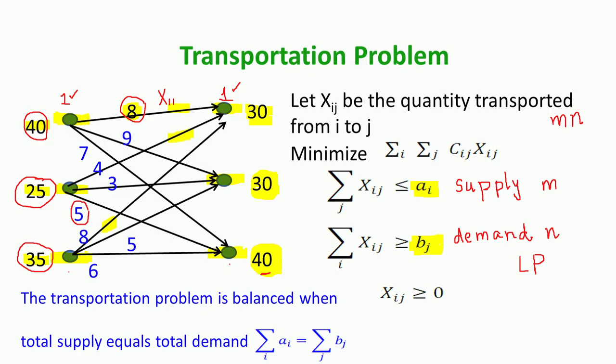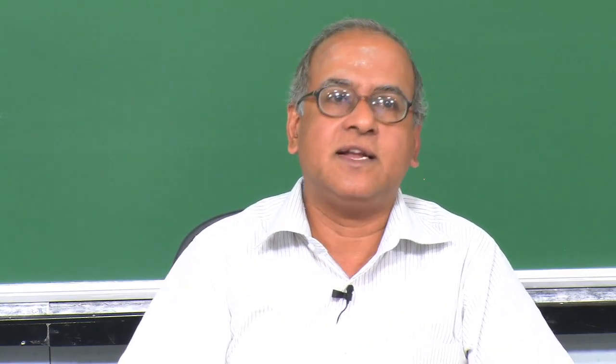The problem becomes nice when sigma ai is equal to sigma bj, which means the total supply is equal to the total demand. We will have a feasible solution and be able to meet the demand, and the problem will not be different from when the total supply is actually greater than the total demand. So, it is enough to have a problem where the total supply is equal to the total demand to get a solution.